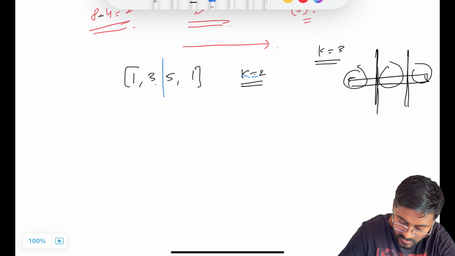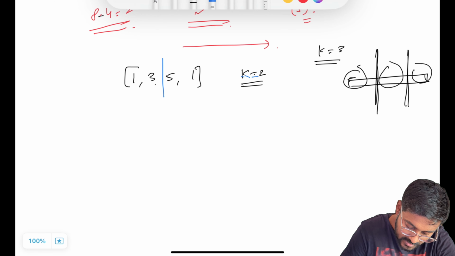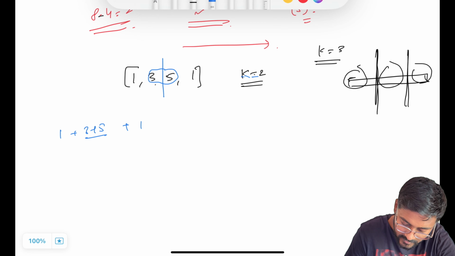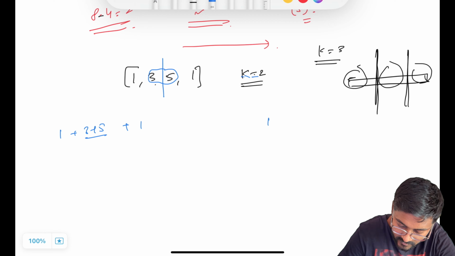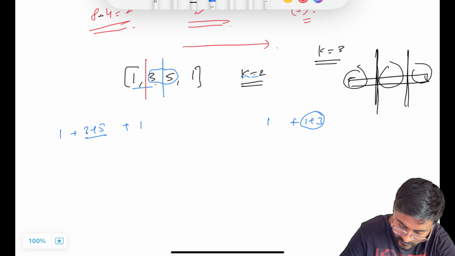If I make one cut, the maximum value will be something like this: the first value and the pair value, this value and the last value. For the minimum, it will be the same: the first one and the pair value, which was 1 plus 3 in that case, because the cut was like this.